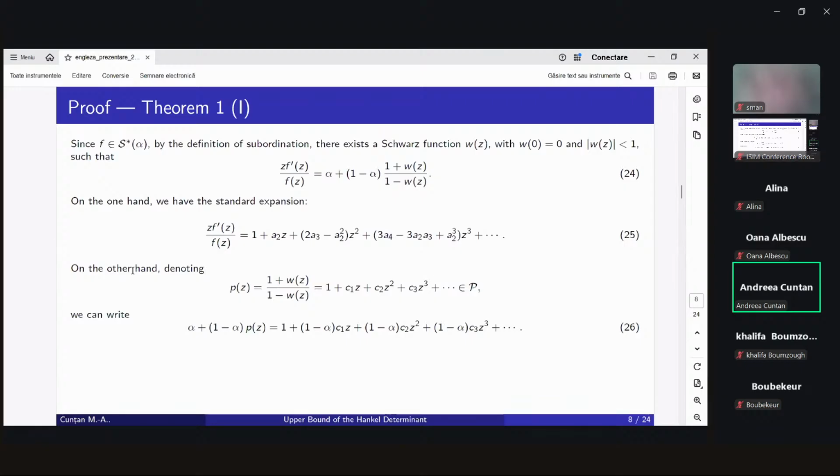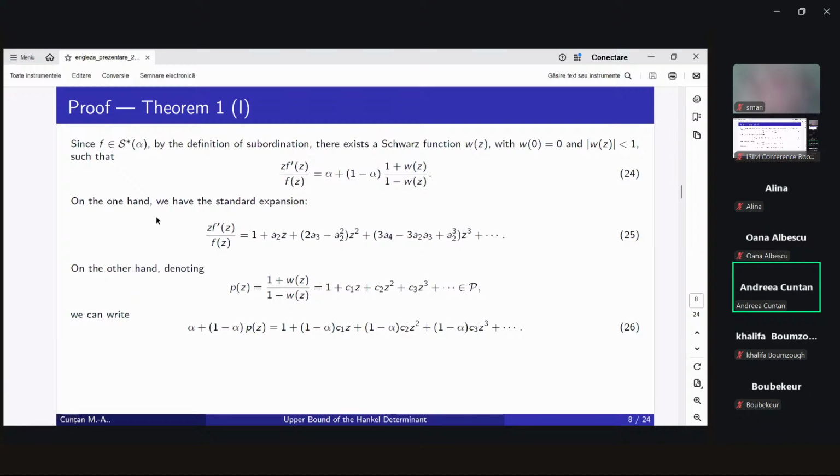Proof of Theorem 1. Since f belongs to star-like alpha, by the definition of subordination, there exists a Schwarz function w(z) with w(0) equals 0 and absolute value of w(z) less than 1, such that, in the next relation.